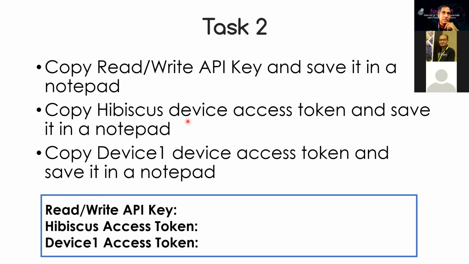And then the second one, the hibiscus device, because you have created a hibiscus device. Find the device access token, copy it and put it here. And the third is device 1, right? So find where is device 1, get the access token and put it here.